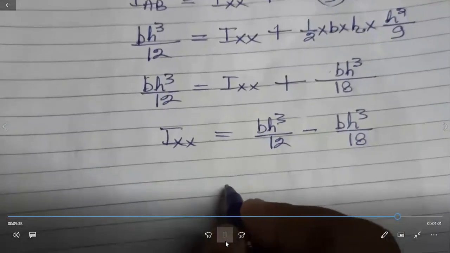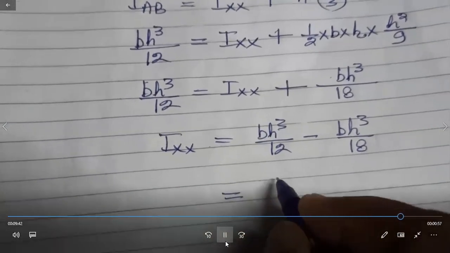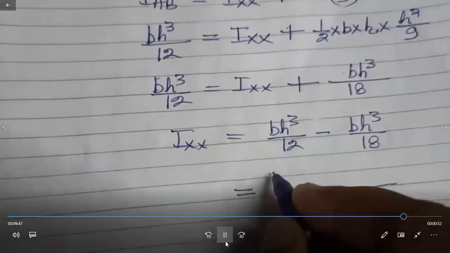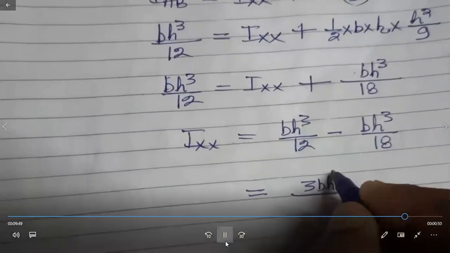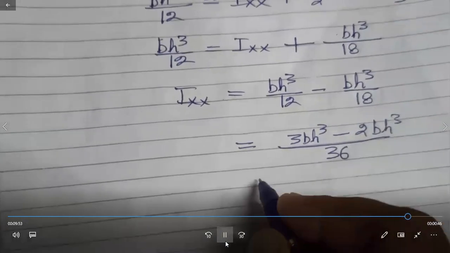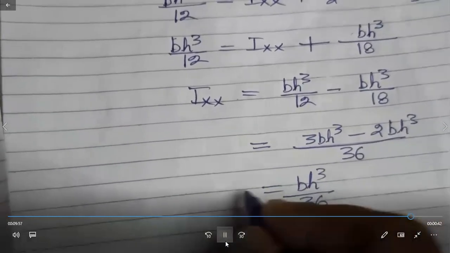So this will be equal to, 36 is the LCM, 3 b h cube minus 2 b h cube. So this will give you b h cube by 36.